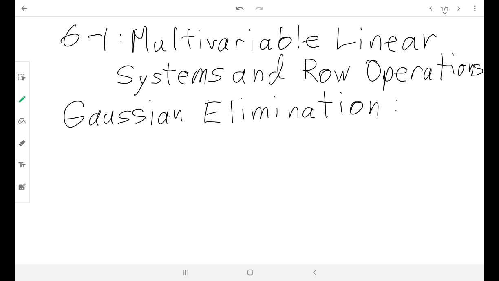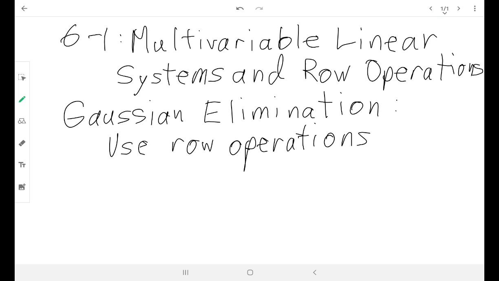In Gaussian elimination, we're going to use row operations. We see that term again, and I am going to give you more information. You're going to see what row operations look like, but for now, I'm just going to start using the term, and we'll get more familiar with it as we go.